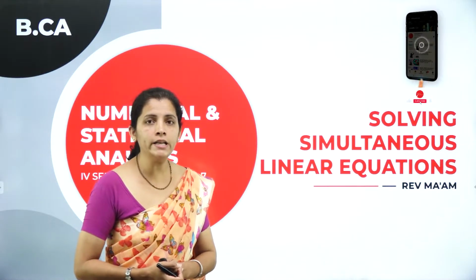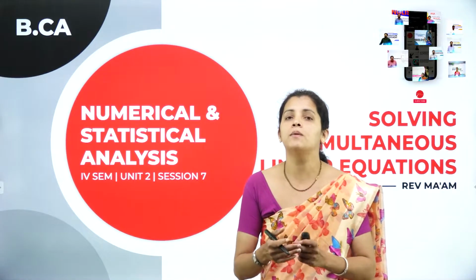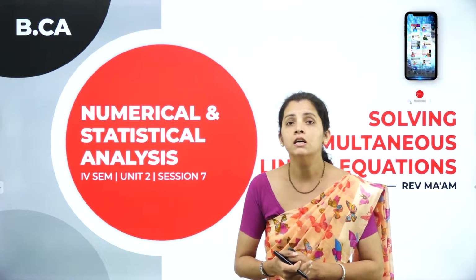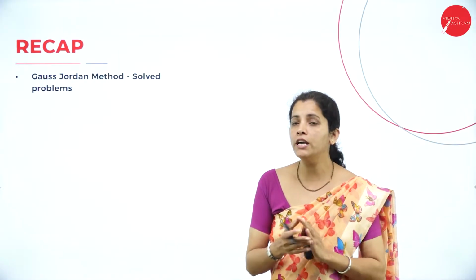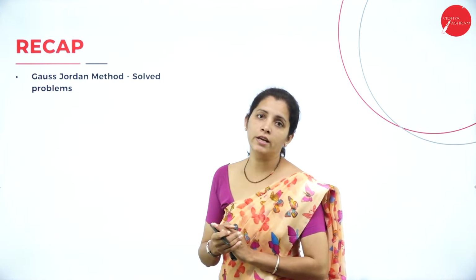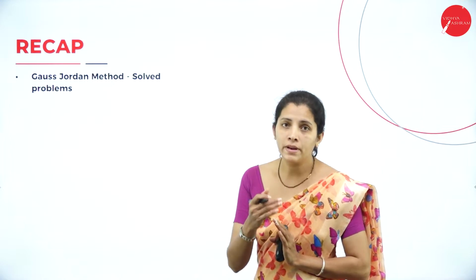So dear student, in my today's session, once again, I'm going to deal with some problems under linear equations. Before starting today's session, let me recall the topic I discussed in my previous session.